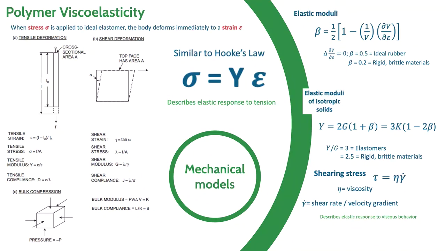For isotropic solids, the elastic moduli can be expressed using the second equation shown on the right here, whereby the Young's modulus Y is equivalent to 2 multiplied by the shear modulus G multiplied by 1 plus the Poisson's ratio.